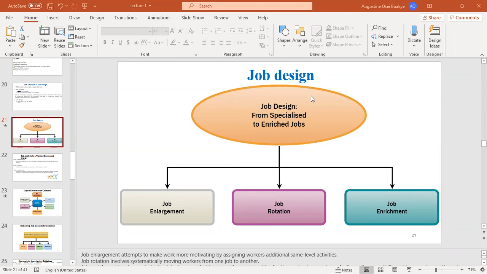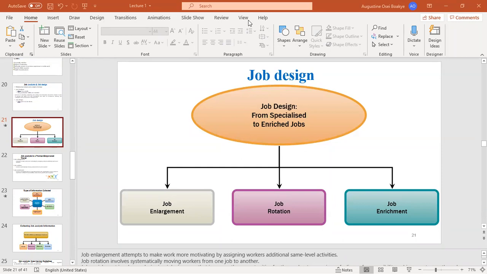In other words, after gathering your job analysis information, it is incumbent on you, the HR planner or the job analyst, to use that information to design your working environment so that it is more intrinsically motivating to the employees who will be performing the tasks at their various offices.